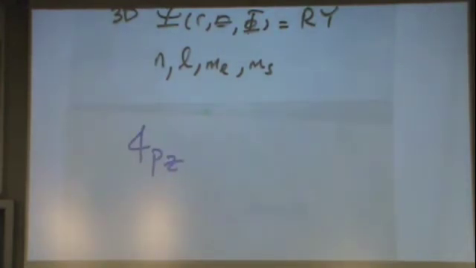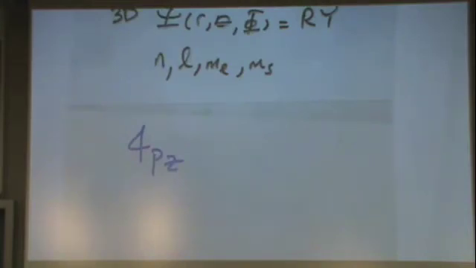So for example, if I gave you, let's say a 4pz orbital, okay? You could use that equation on the top, if you have the equations for it. I can't remember if we give it to you on the final. Did I send that out to my class? Were those equations on there? No.